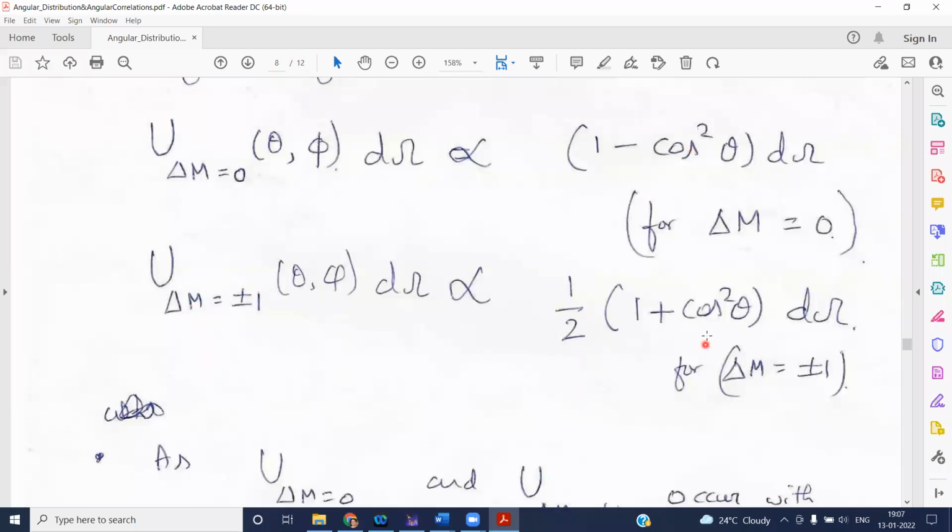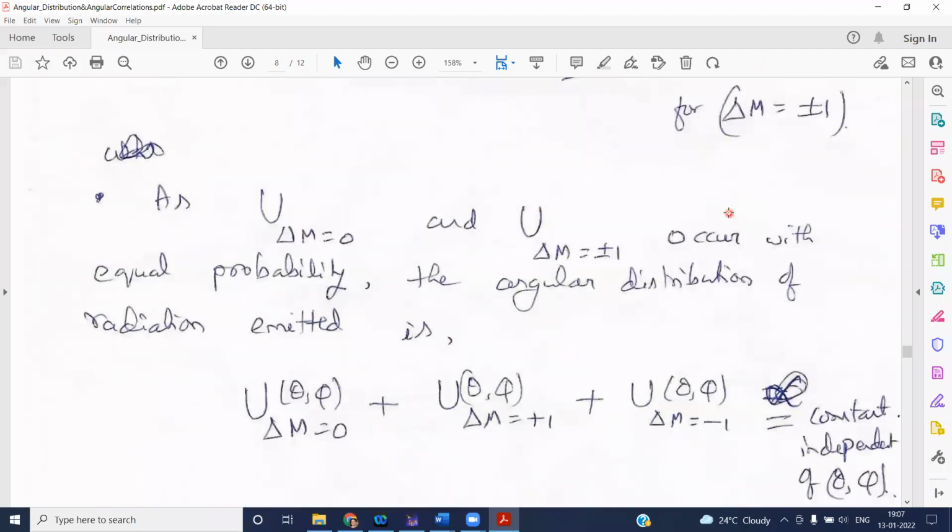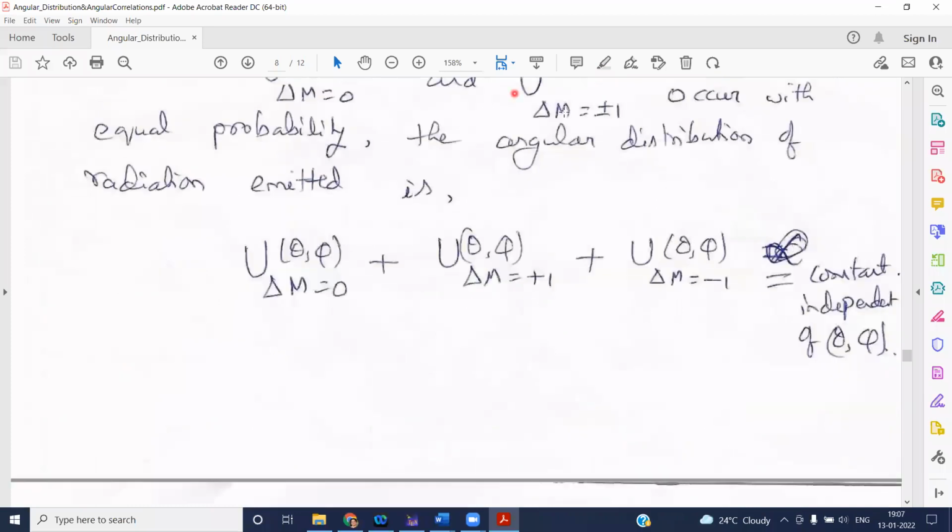Add these two. What do you get? 2. That is angular distribution independent. There is no angular distribution. So the angular distribution of radiation emitted is this. Actually, in an experiment, I find the sum of all these things is constant, independent of theta phi. That is the highlight.